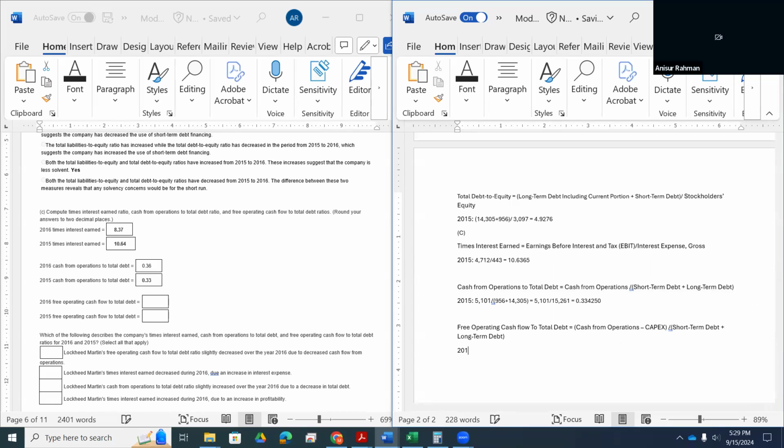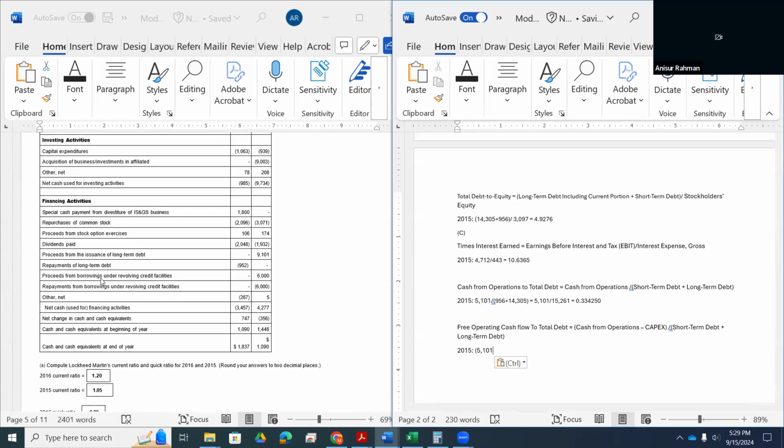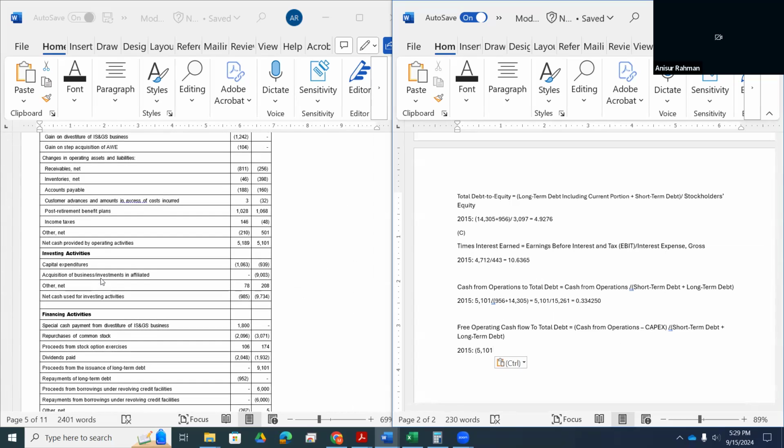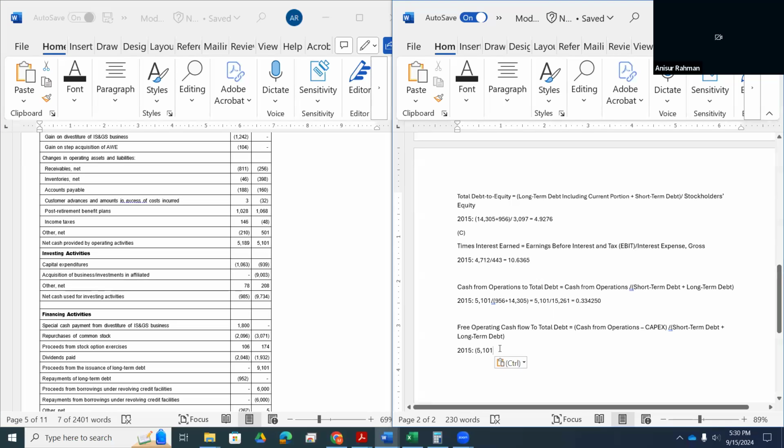So for 2015, our cash from operations was 5,101. I'm going to the cash flow statement again. 5,101. Now we have to subtract CapEx. Capital expenditure is an investment, so it should be under investing.